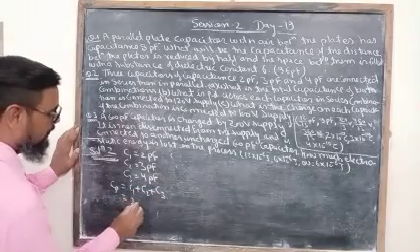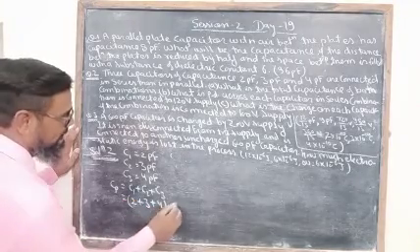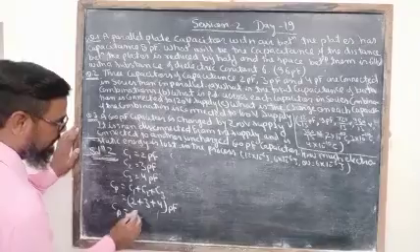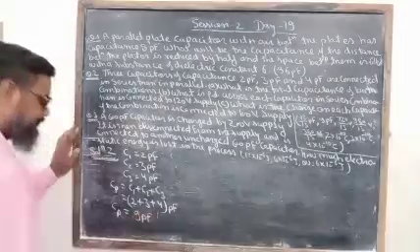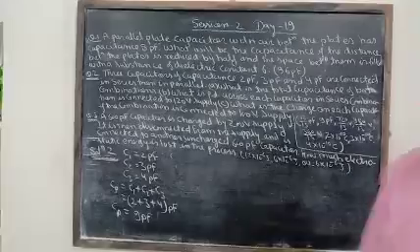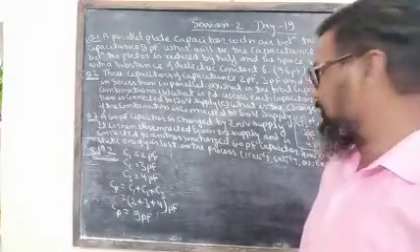The values are 2 plus 3 plus 4 picofarad, so the capacitance will be equal to 9 picofarad. This is the equivalent capacitance of the capacitors in parallel combination.